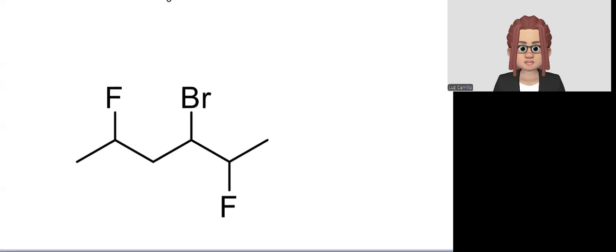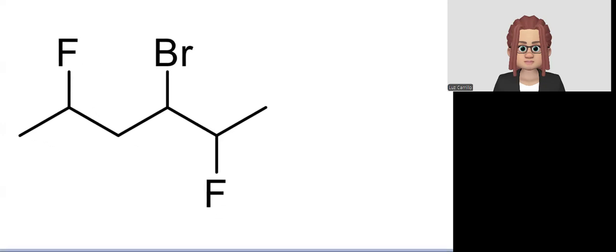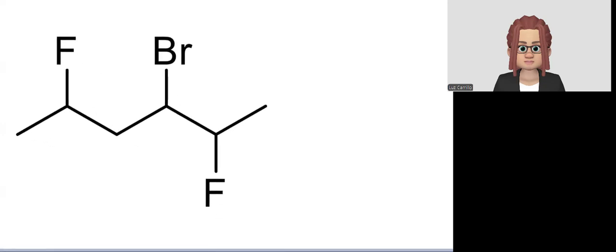Let's explore the next example. Take a moment and find the longest continuous chain of carbon atoms. The longest carbon chain is 1, 2, 3, 4, 5, 6 carbons.